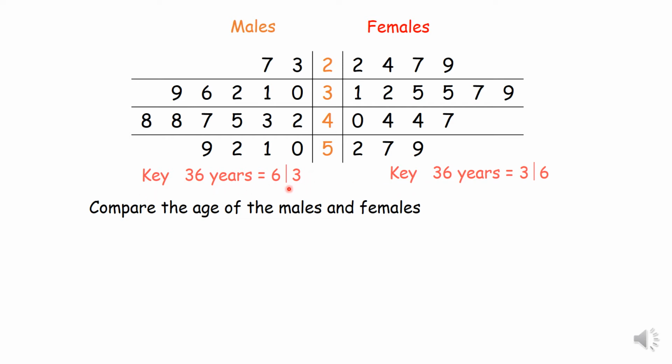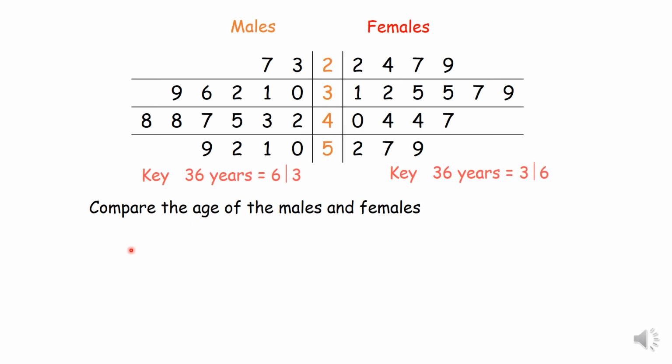In this part, 6 line 3 does not mean 63, because it means 36. So for this part of the stem and leaf, remember your stem is this number here, and then your leaf is on the left hand side of your stem. So 3 line 6 means 36.